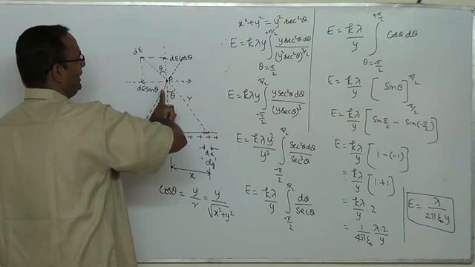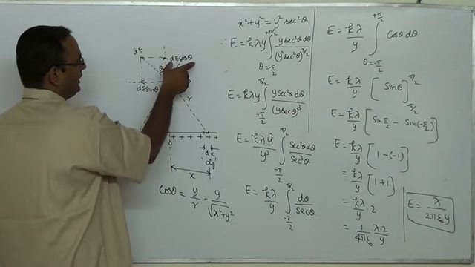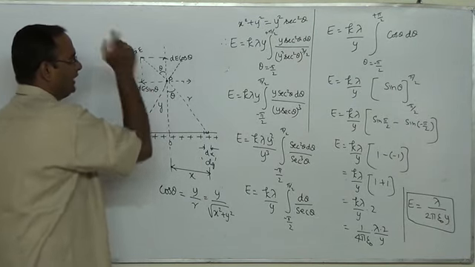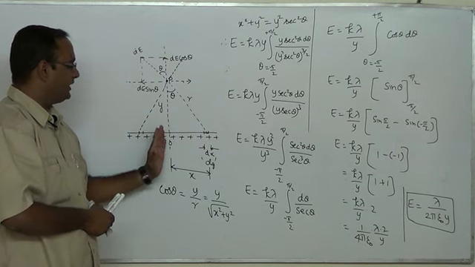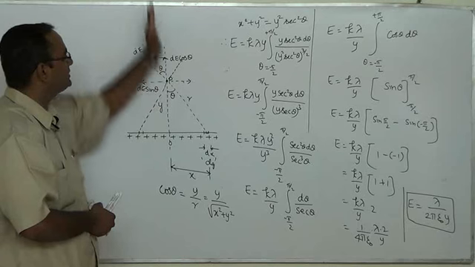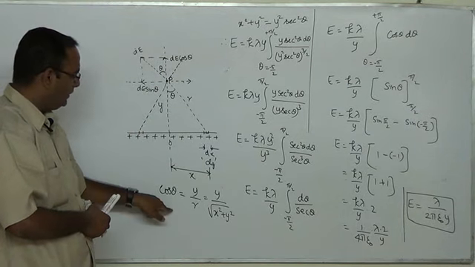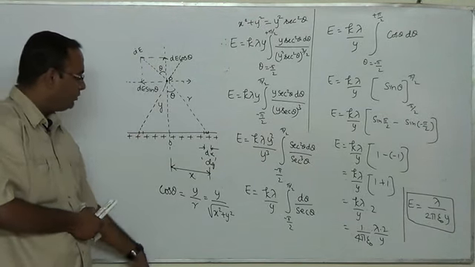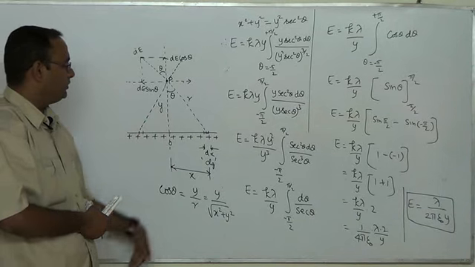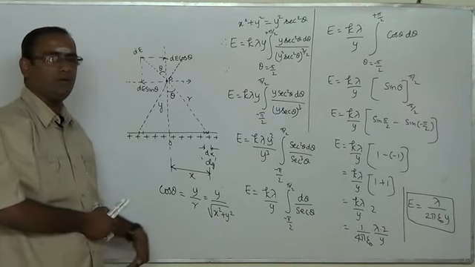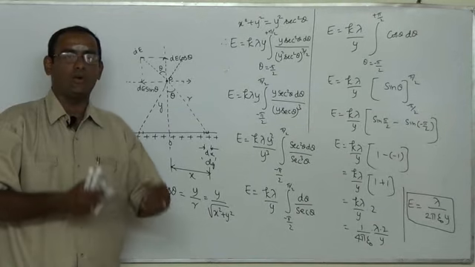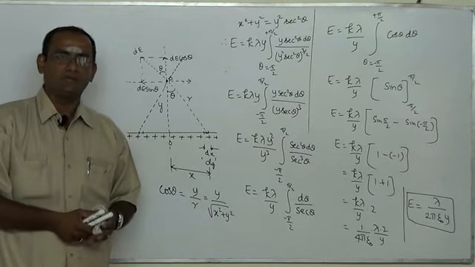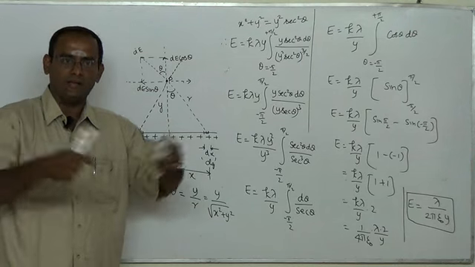The net E will be in this direction because we are summing up all the dE cos theta, and therefore the net electric field is radially outward. If the point P is below, then dE cos theta will point downward. Upward and downward, we need not tell, we can say it is radially outward. If it is positive charge, it is going to be radially outward. If it is negative charge, it is going to be radially inward.